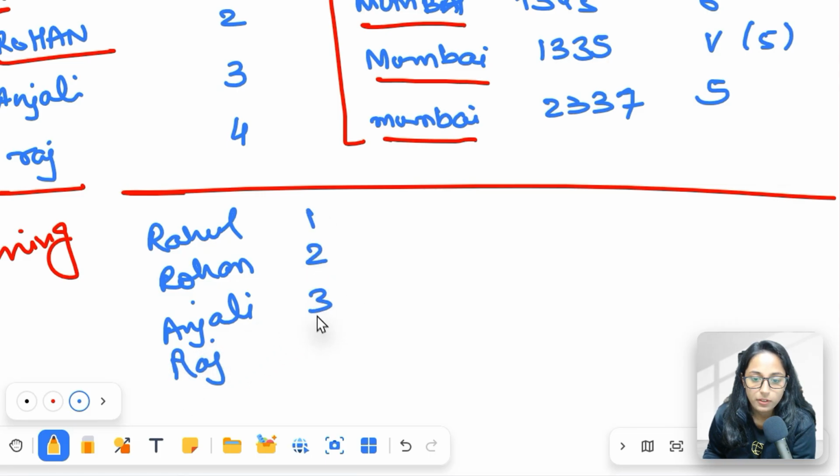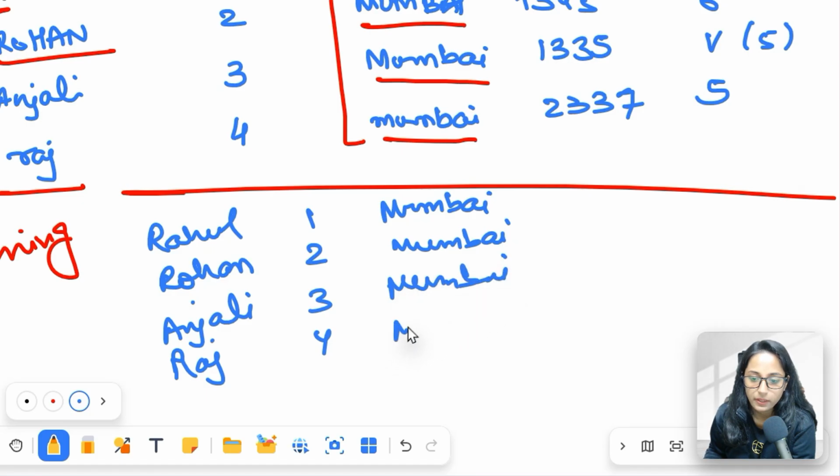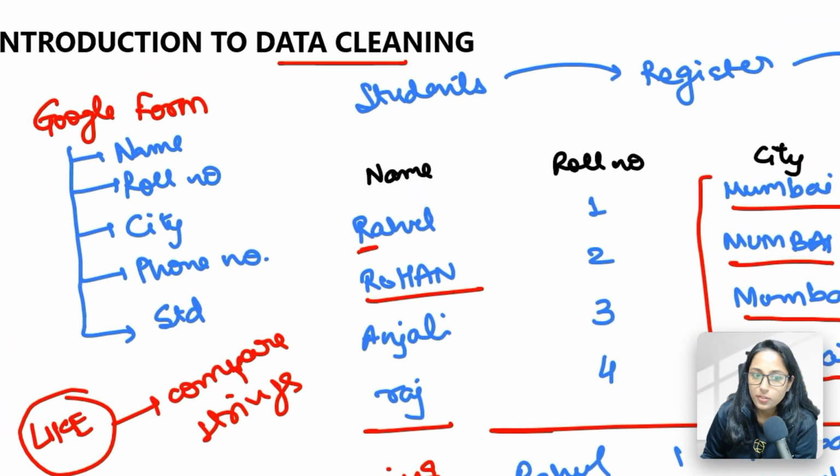Then roll number we have, and then let's say only the first letter of the city is capital. Mumbai, and again Mumbai. The rest of the data will remain the same, and here let's say we only want numbers. So it will be 5, 5. Can you see the difference?